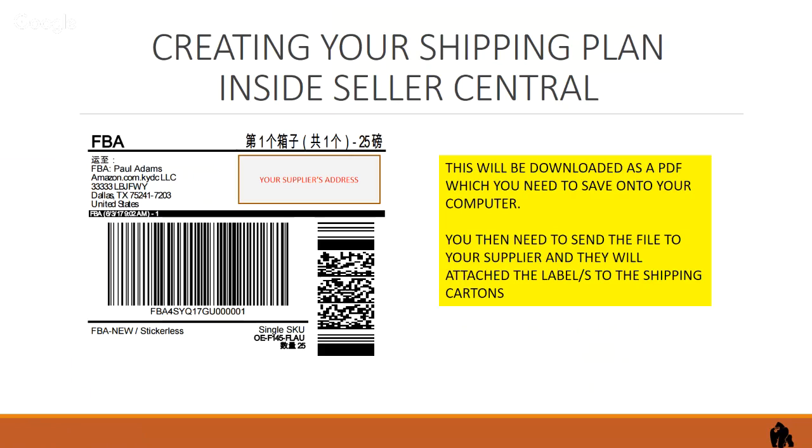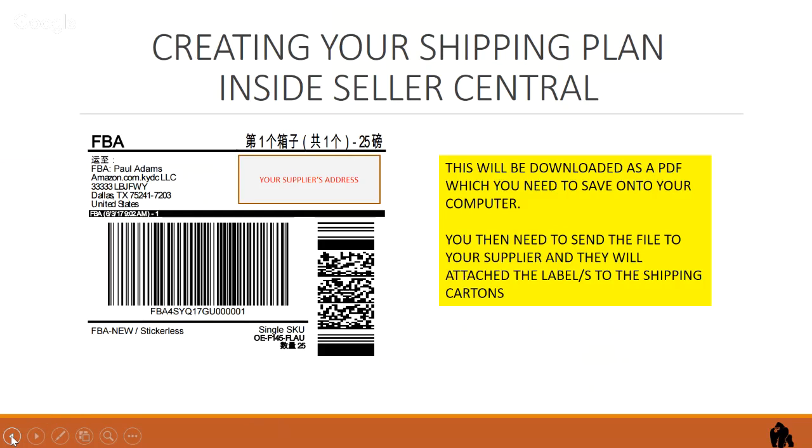In this case, I've saved this under products, herb scissors, June 2017 shipment. So I know exactly where it is, because what you need to do now is send this PDF off to your supplier. What they would do is print this out and stick it on the box, ready to send. All right, so that's basically what you need to do.